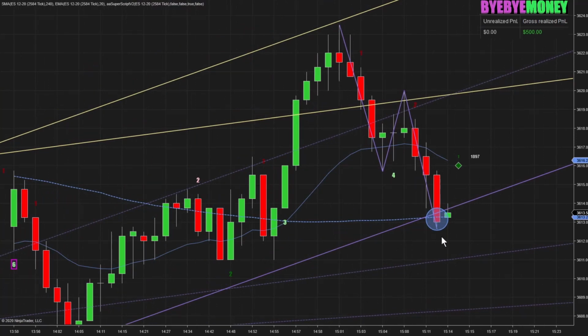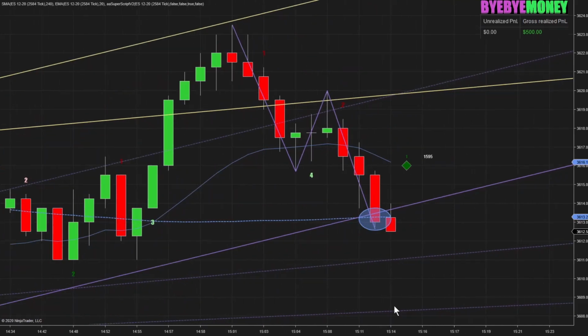ABC pattern right on the 240 SMA with confluence with this trend line. Looking for a good signal bar for entry.